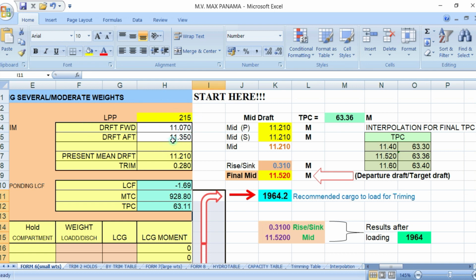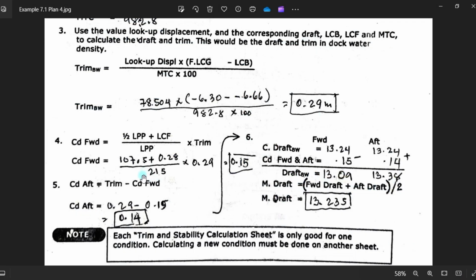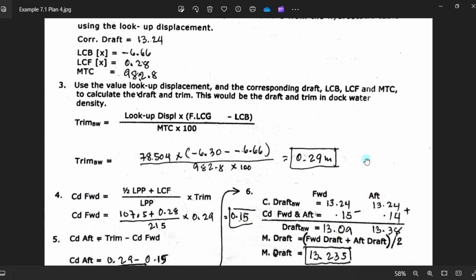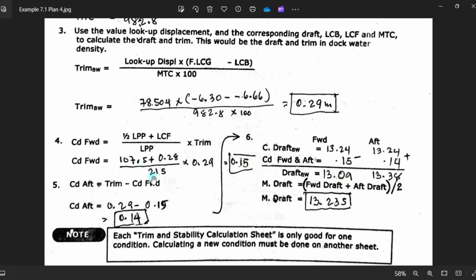Okay, 1/2 of 215 is 107.5 plus your LCF of 0.28 over LPP 215 times your trim, which is 0.29. The resultant of this computation, your forward drop will be 0.15.